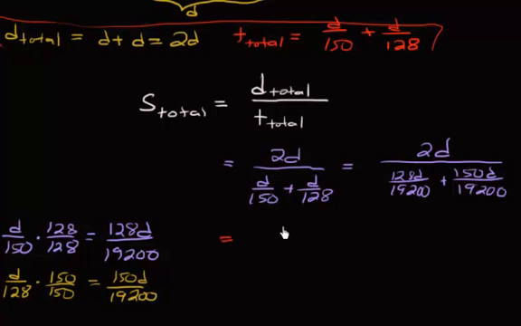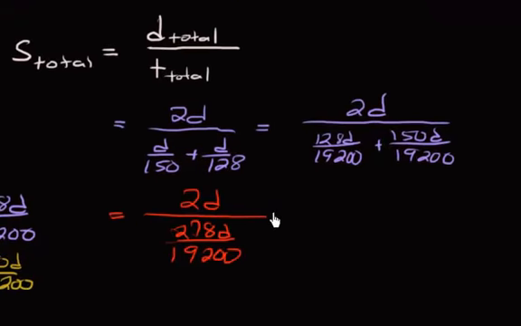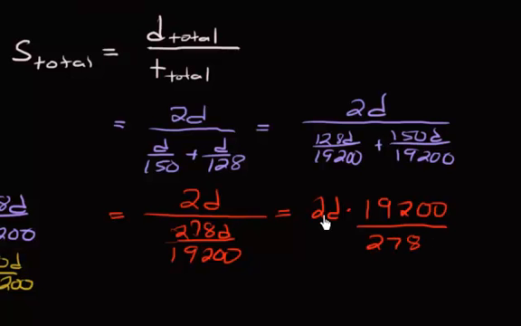So we get 2D on top, divided by 278D over 19,200. Now we have a rule that if you're dividing by a fraction, you can multiply by the reciprocal. So you flip the bottom fraction and multiply: 19,200 over 278, and then the D.